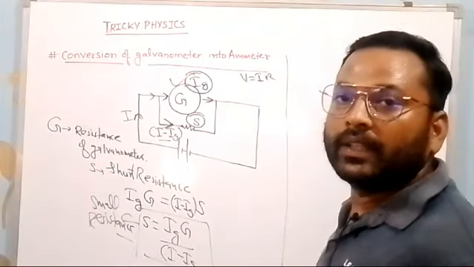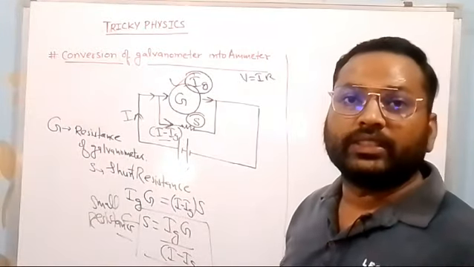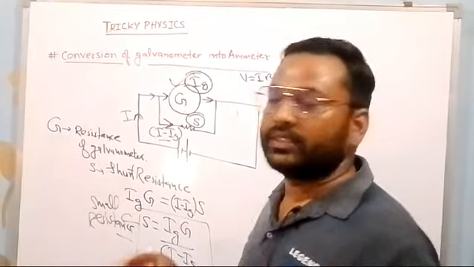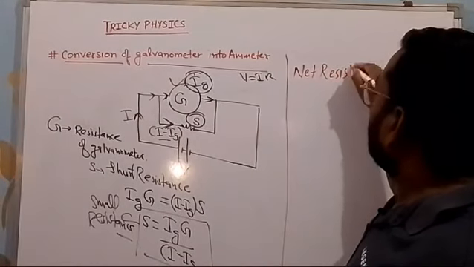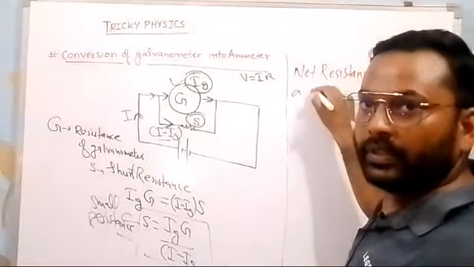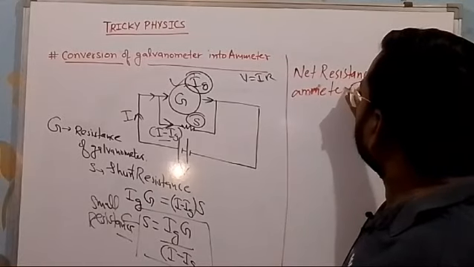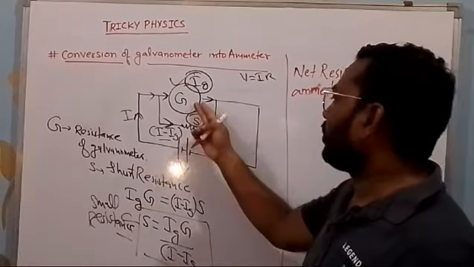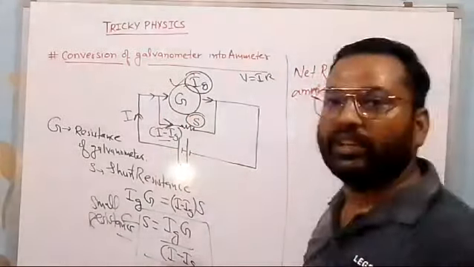Now if this becomes an ammeter, the net resistance of the ammeter becomes, as you know very well, both these two resistances are arranged in parallel.